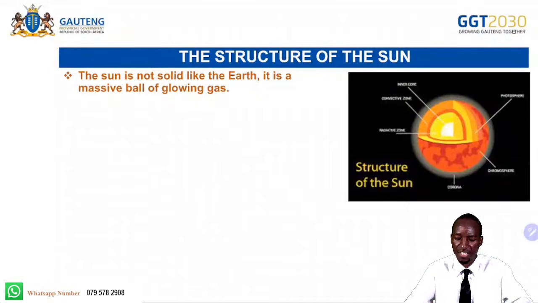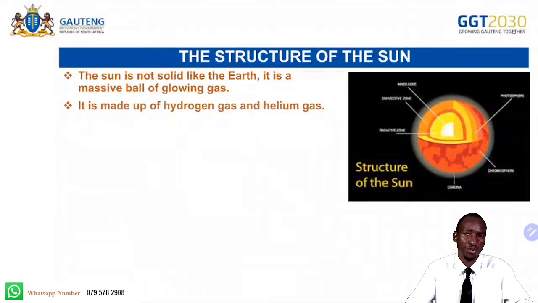That's how the sun is able to produce heat energy. You also have to note that we've got two gases which are found within the structure of the sun. These are hydrogen gas and helium gas. These are the two gases that we've been talking about that undergo the nuclear reaction process.